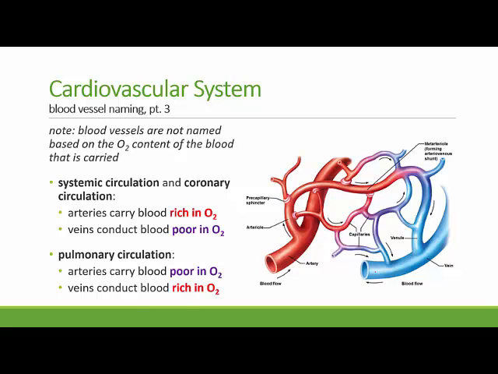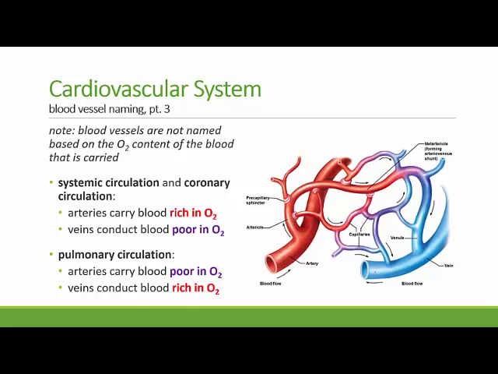The pulmonary arteries that leave the right ventricle are very poor in oxygen, depleted in oxygen, and relatively rich in carbon dioxide. And the veins that return to the left atrium are rich in oxygen because they're coming from the lungs and going back to the heart.